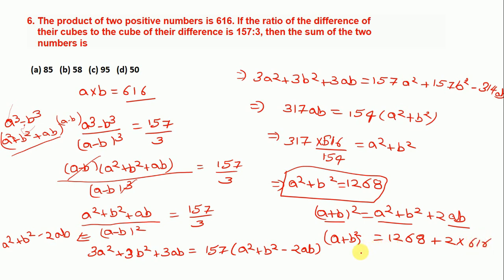So a plus b will be equal to 50, because the value of the addition of this will be 2500. It will be equal to 2500, and after taking the square root of that, a plus b is equal to 50. So option D, 50, is absolutely correct.